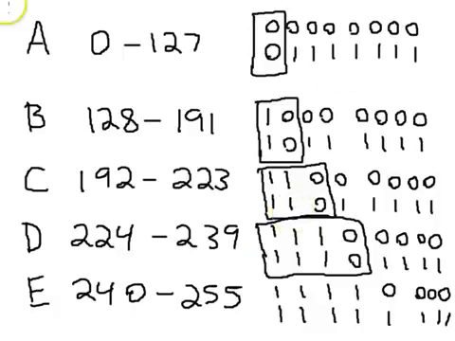Now, class A networks are nice, big, huge networks. B's are smaller, and C's are reasonable sizes for small businesses that need a lot of servers, or a few servers. D was reserved for multicast, and it's not used for much else. E was used for scientific calculations, scientific use, and it's never really used in anything I've ever seen.